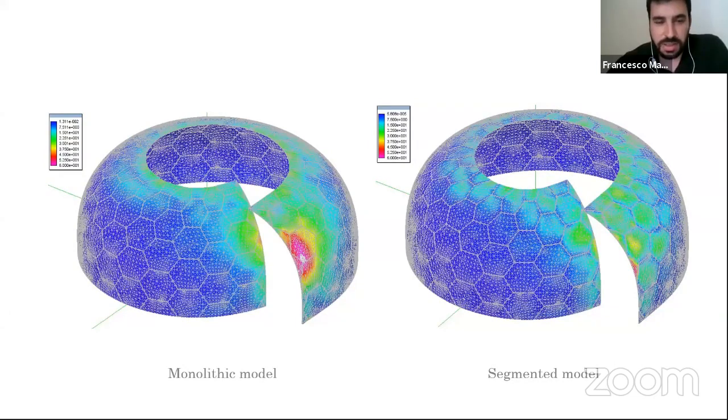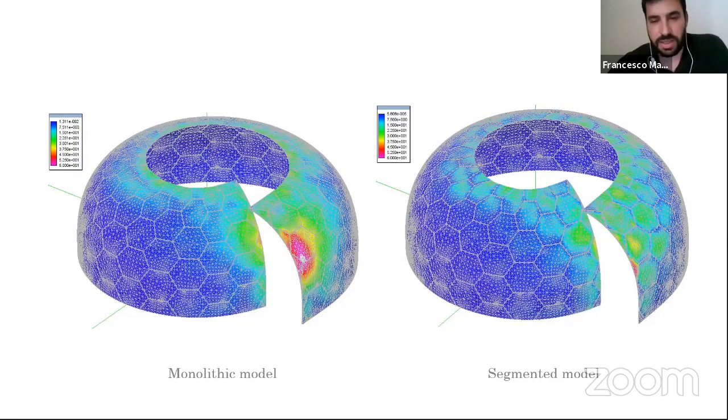In shell structures, we have membrane stresses, bending stresses, and shear stresses. We can separate them because these are different components of stresses. With a linear distribution of the stresses in the thickness, I take the moment for a unit, the value on the middle plane, and then you take the maximum of this difference.